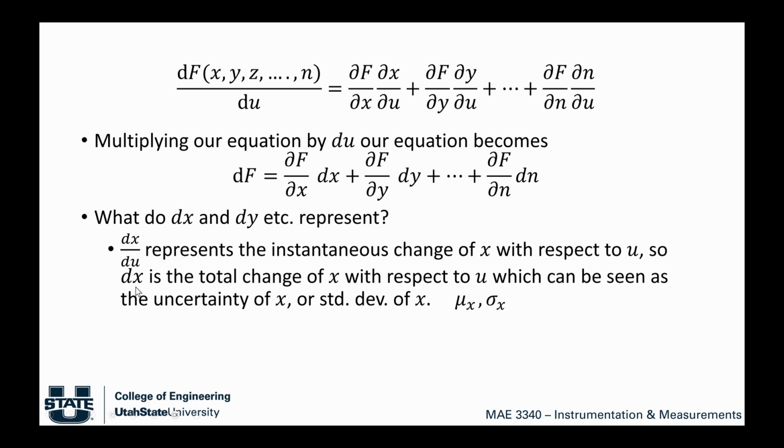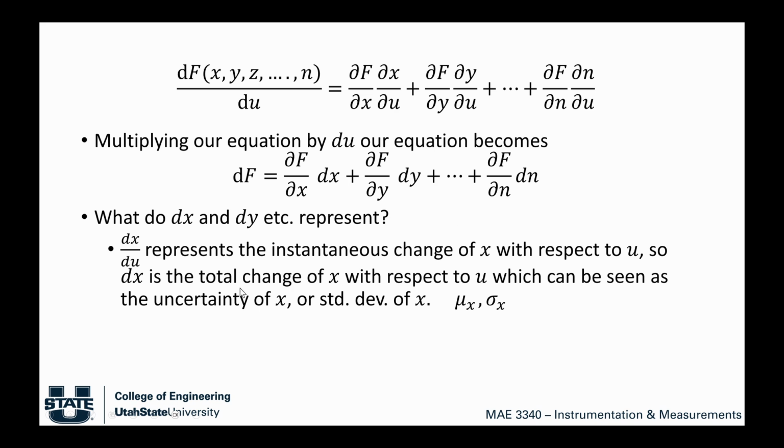Then the dx is the total change. That's kind of handy, because this dx here is our uncertainty for that specific variable. So maybe that is the uncertainty given to us by the manufacturer. Maybe this is the uncertainty given to us by the manufacturer of another measurement device.